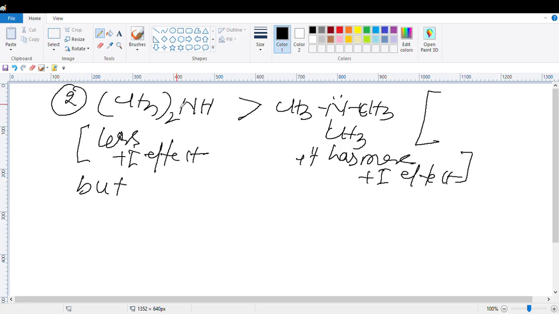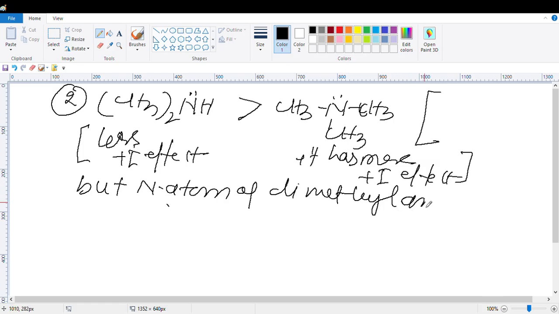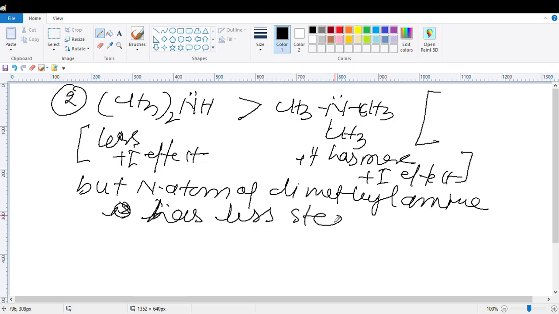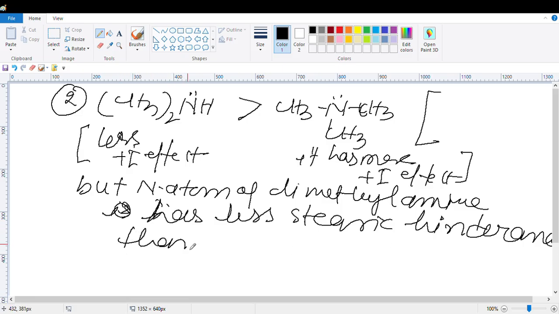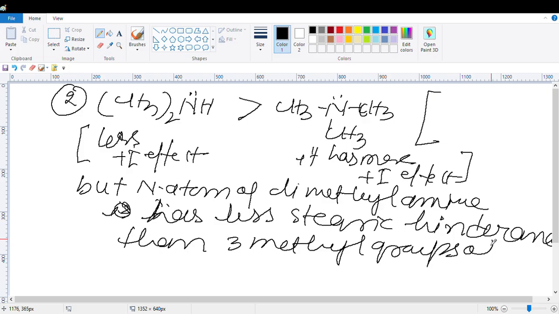But nitrogen atom of dimethylamine has less steric hindrance than 3 methyl groups of trimethylamine.